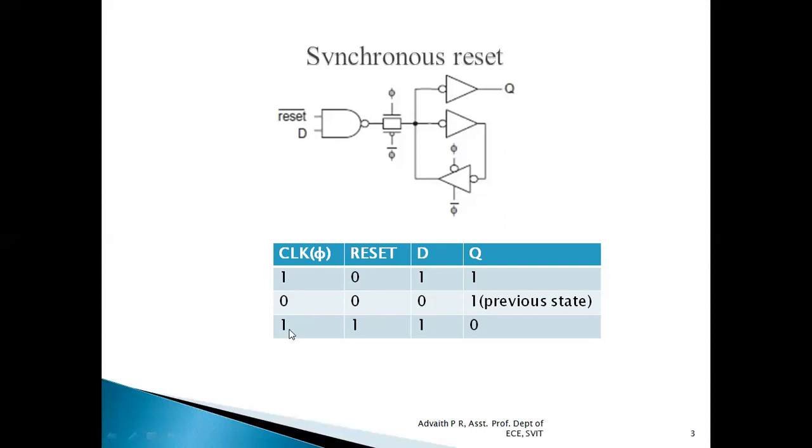When clock is high and reset is high, as well as D input is logic level 1, because reset is 1, Q will be forced to become 0. Let us verify this truth table with respect to the circuit which is observed here.